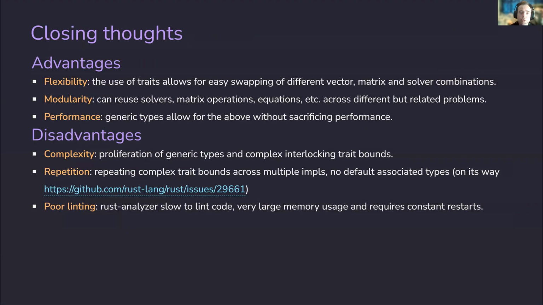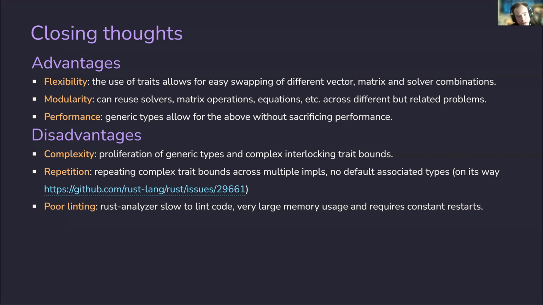Okay, so the architecture of Diffsol gives you a lot of flexibility, and as it says, it allows you to swap in and out different things like linear solvers and equations. It makes it all quite modular. Diffsol makes heavy use of generic types to keep the performance while still maintaining this flexibility.